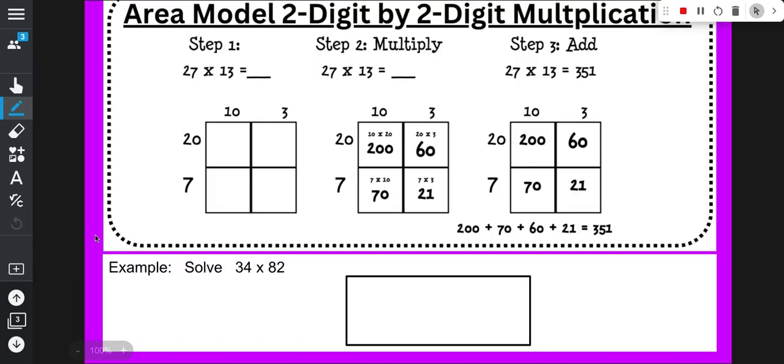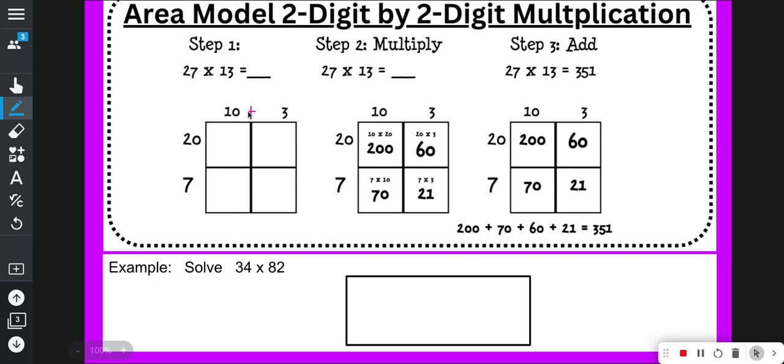Our next concept goes a couple levels deeper than the area problem that I had just shown. This one goes into 2-digit by 2-digit multiplication using the area model. So we're still using the concept of area, base times height. We first need to take our numbers, 27 times 13, and expand them out.